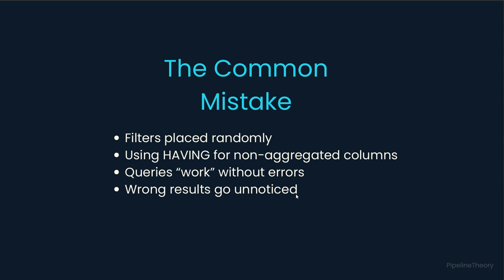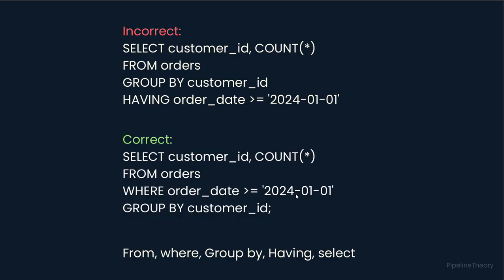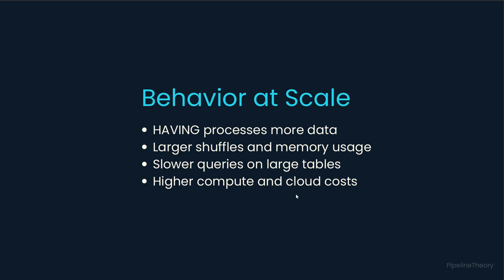So be very cautious when you're using where and having conditions, not just because of data quality, but also because it can cost the business a lot financially. If you are not using a where condition and you get a large amount of unwanted data, it can result in high cloud costs, because you're using so much memory and processing so much unwanted data.